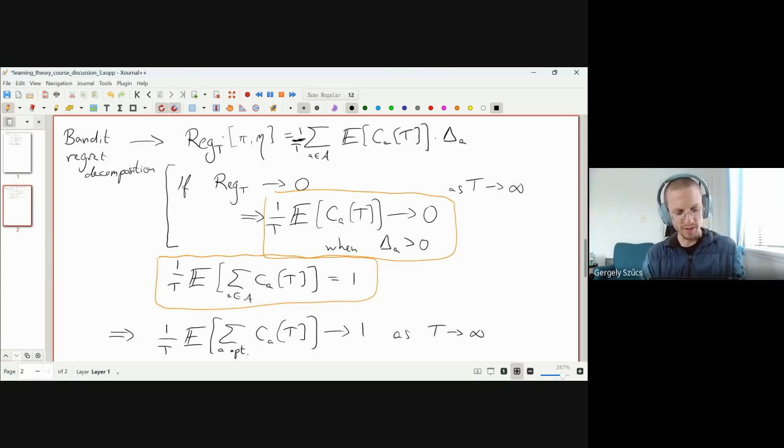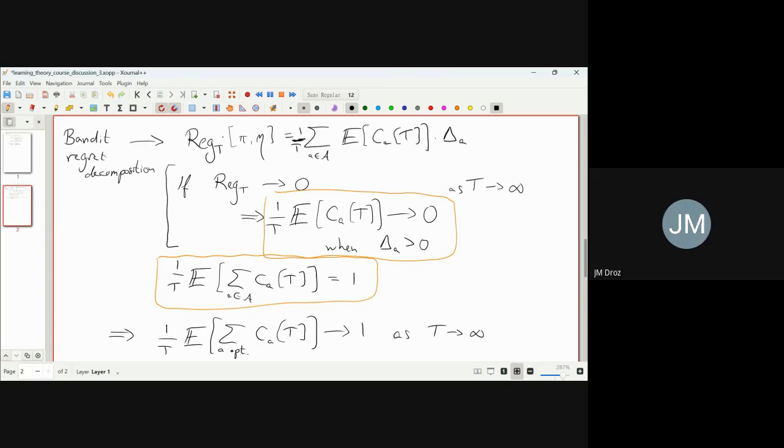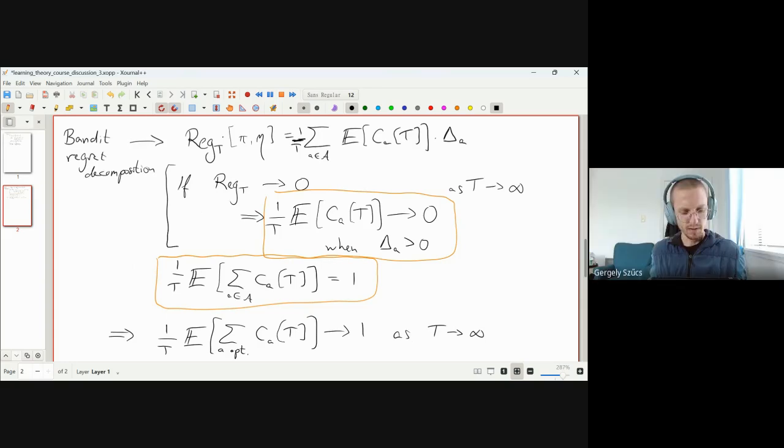We probably used it implicitly, but we didn't derive it. I think it's good to write it out separately because it is an important observation. Any other questions?